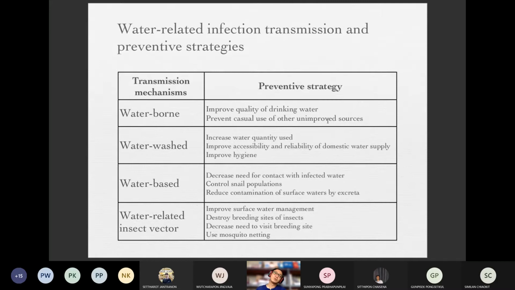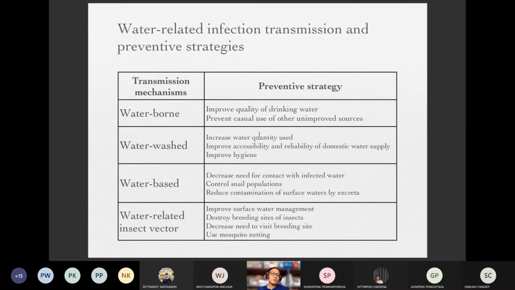We are trying to treat the wastewater so it becomes water that can be discharged to the natural receiving stream. So mostly our jobs focus on improving the quality of the water. So basically, our work is related to the first transmission mechanism.